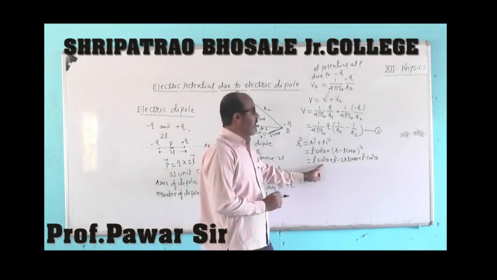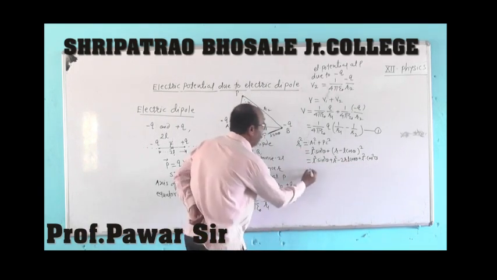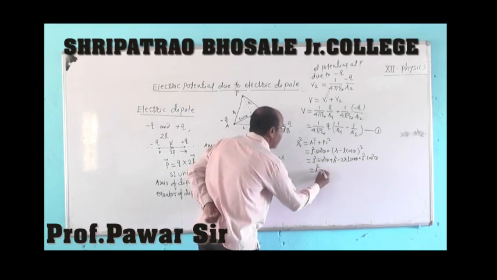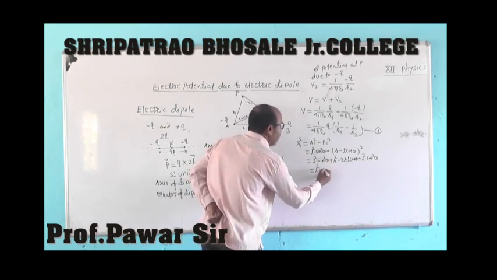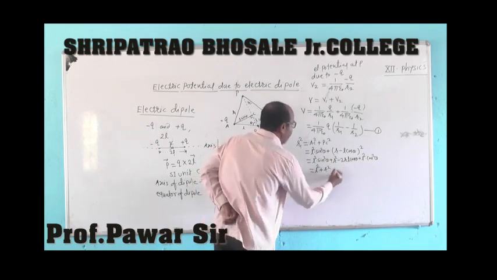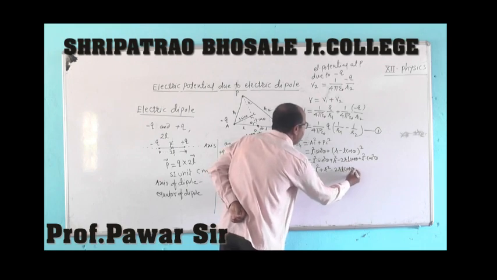L square sin square theta plus L square cos square theta is L square. We write here L square plus R square minus 2RL into cos theta.